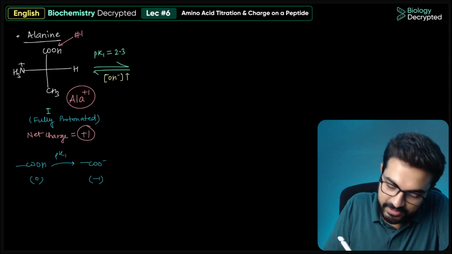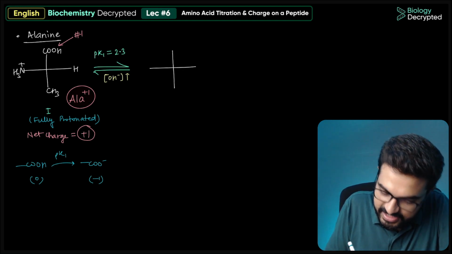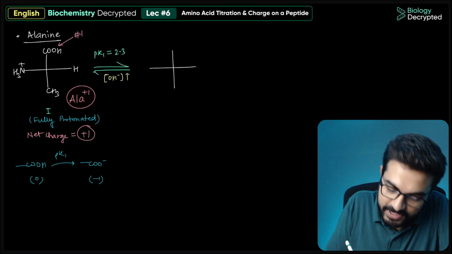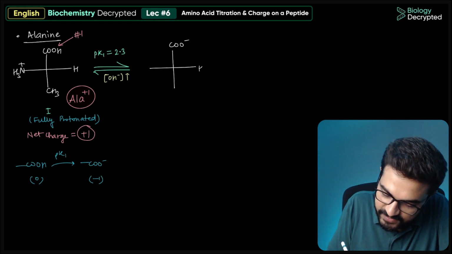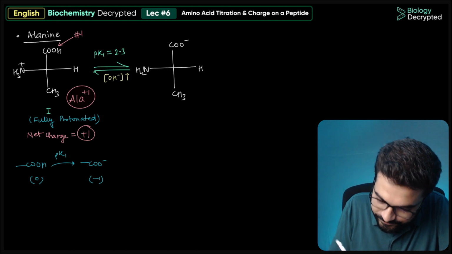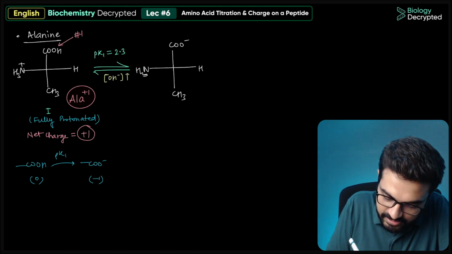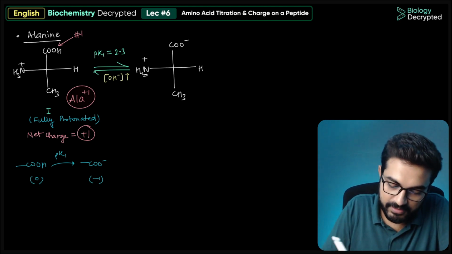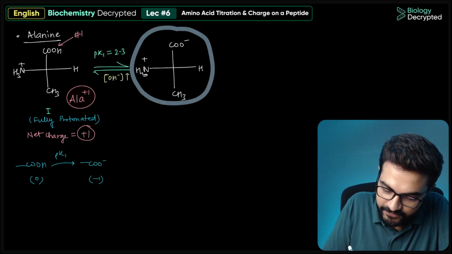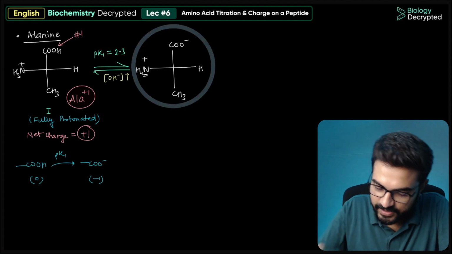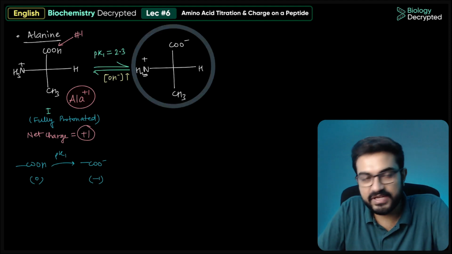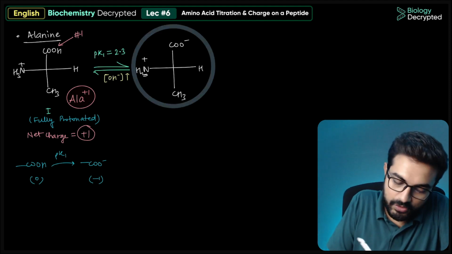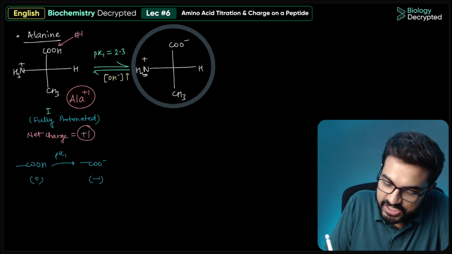And it is forming this particular species where we have COO minus, H, NH3 plus, and CH3. Now what we can see here is a very important thing. If we try to encircle this one, this is a very special species which is commonly called a Zwitter ion.